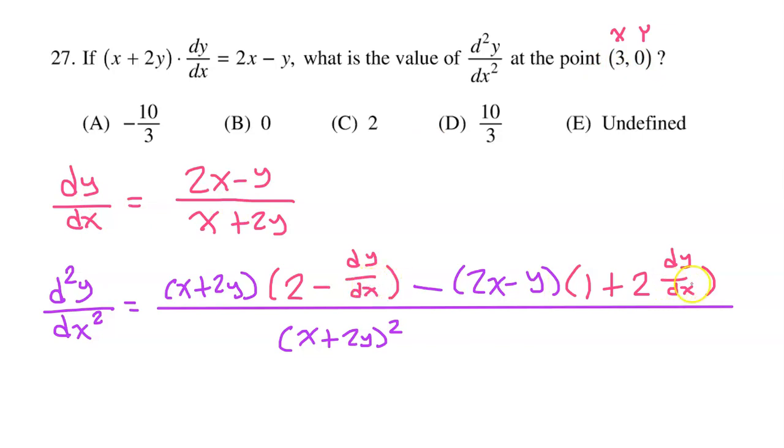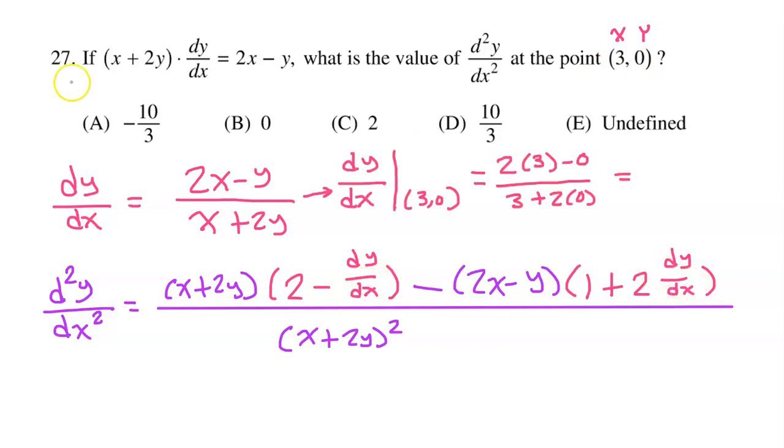That's what we should plug in here and here. Evaluating dy dx at the point 3, 0 gives us this expression. But the 0 is gone, so we really just have 2 times 3, which is 6, divided by 3, which is 2. So that is what we will substitute in for dy dx here and here.